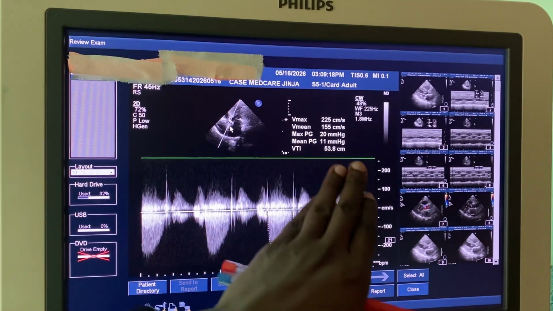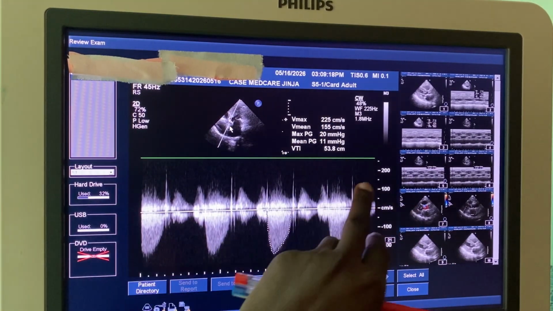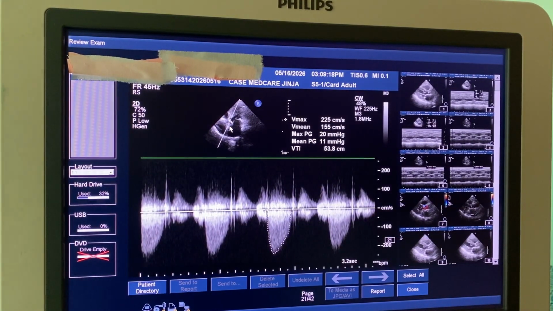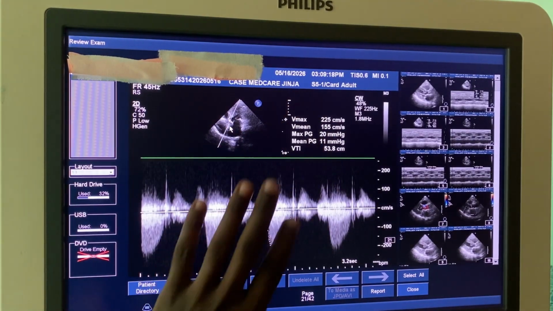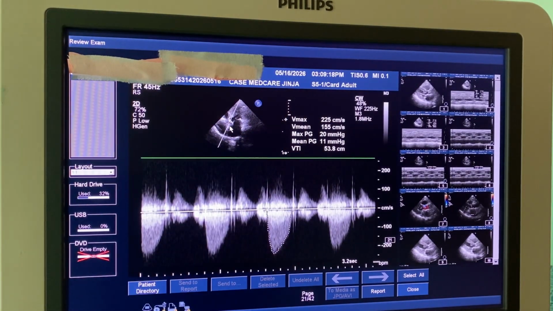Vmax and maximum pressure gradient have given us mild AS, but as per the anatomy, it is not.